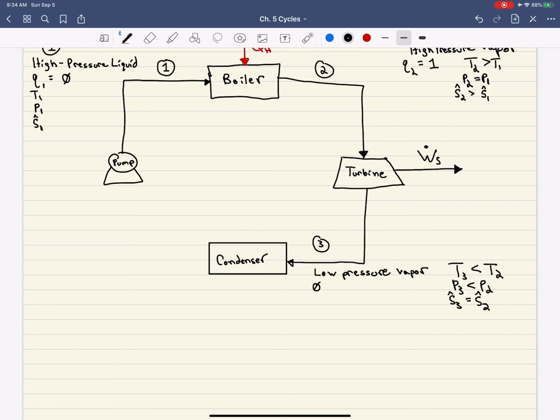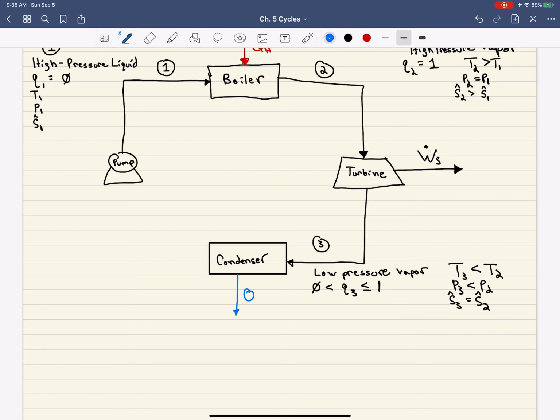So the quality of this vapor when you depressurize it can be anywhere between 0 and 1. What that means is you might actually have some liquid that comes out of the turbine as well. In any case, this low pressure vapor is then fed into a condenser where it's further cooled.